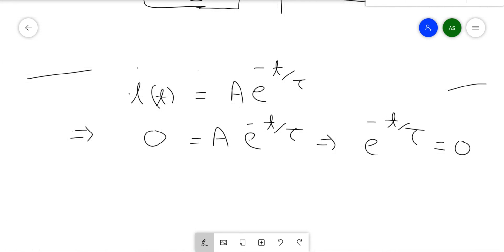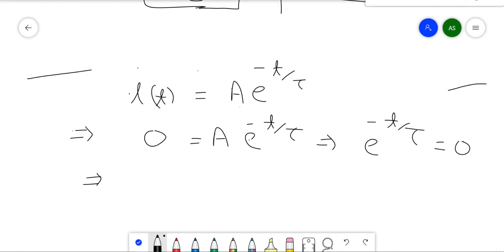And what will be the value of t? If we take the log of this whole equation, this will be minus t by tau. And what is the value of log 0? Log 0 is minus infinity.